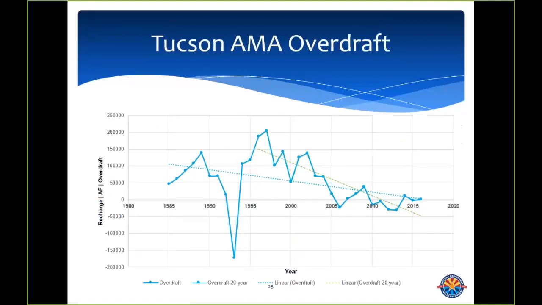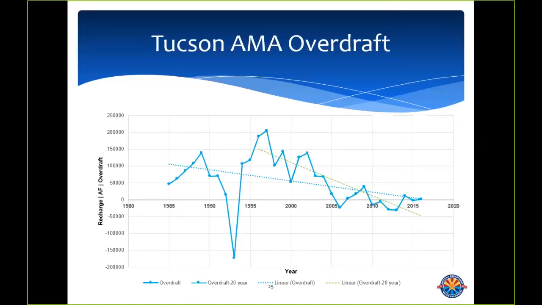Now, caveats about this analysis aside, the Tucson AMA is an exception when it comes to the difficulties of analyzing safe yield. Pretty much no matter where I shift that 20-year trend line to, no matter what frame of reference I use for the Tucson AMA, it tells the same story, which gives us a pretty good feeling that the Tucson AMA is actually moving toward or is approaching safe yield.